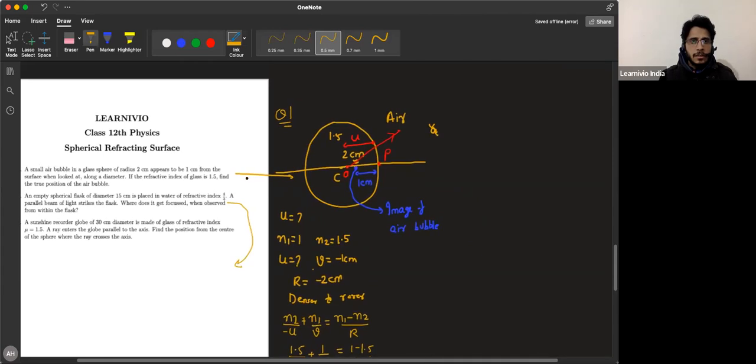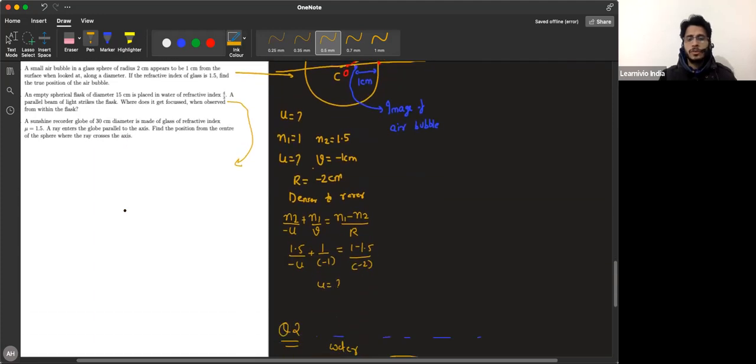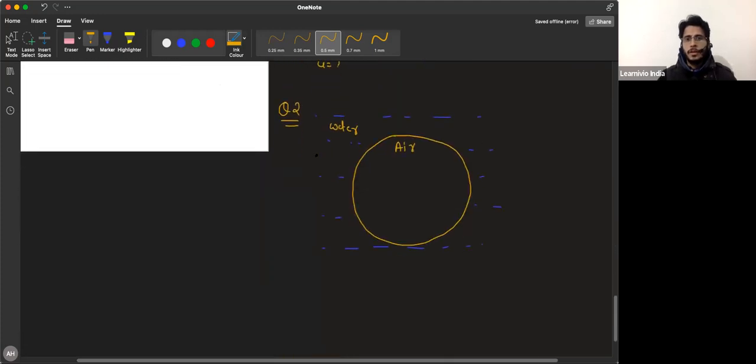Now he's asking, a parallel beam of light strikes the flask. Where does it get focused? So you take a parallel beam. It strikes the flask. You have to decide where it will focus.